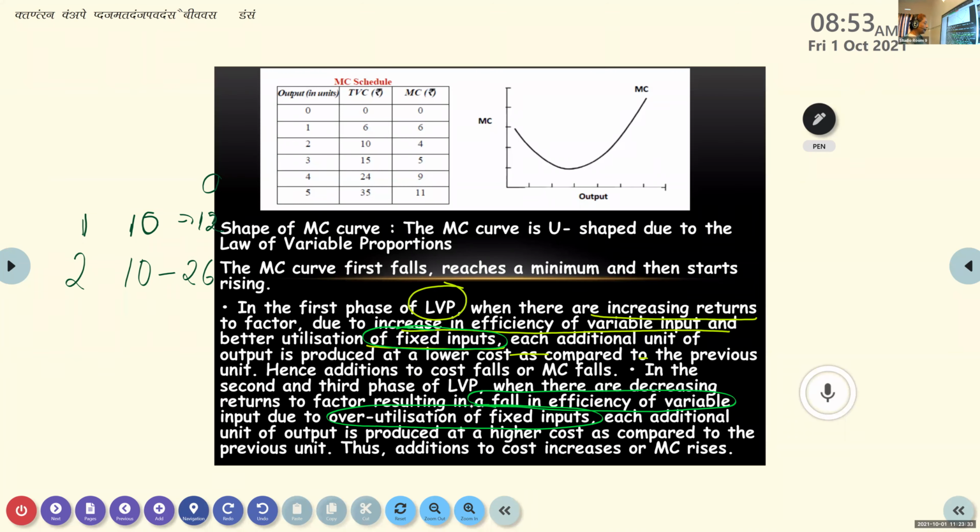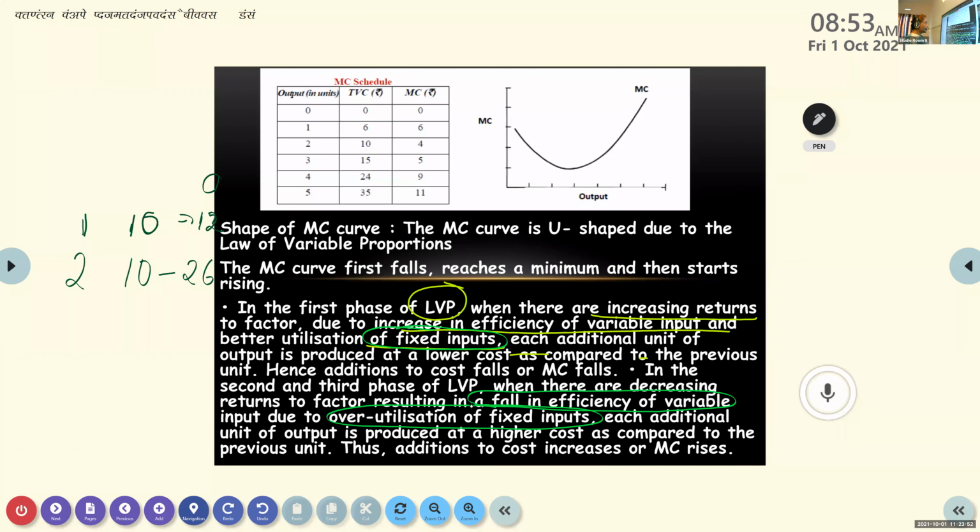Okay. So here, as you use more and more machines or buildings and all, some sort of wear and tear will be there for the fixed inputs. So that is the reason why in the second and third phase, there will be decreasing returns to a factor.